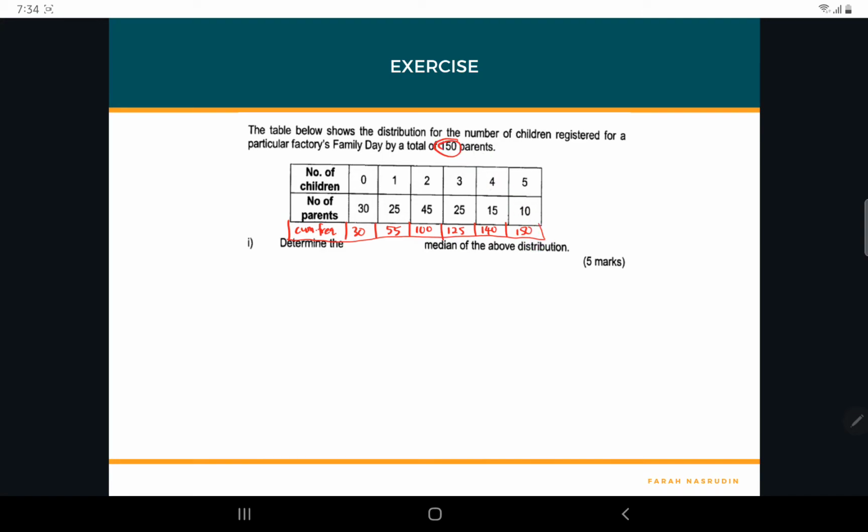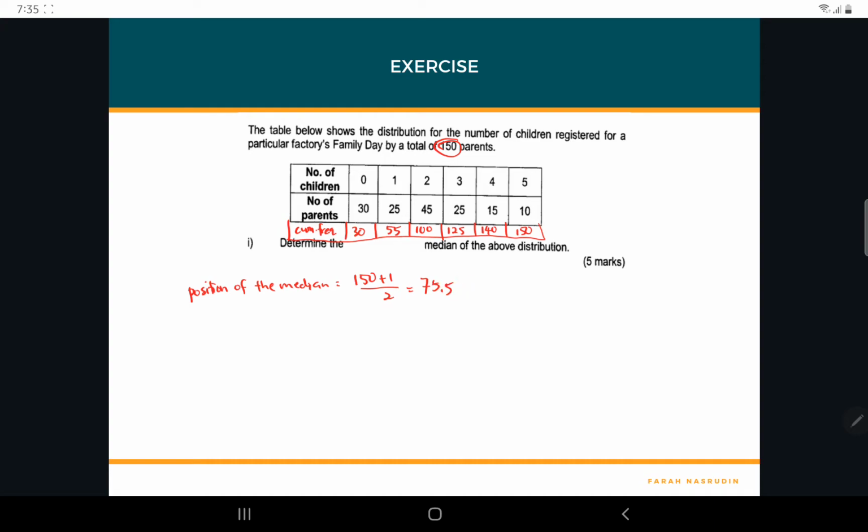total of the respondent. Okay, so first we need to find the position of the median. So altogether we have 150 data, so plus with 1 divided by 2, so it is equal to 151 divided by 2, 75.5.